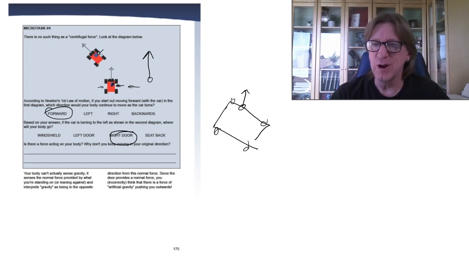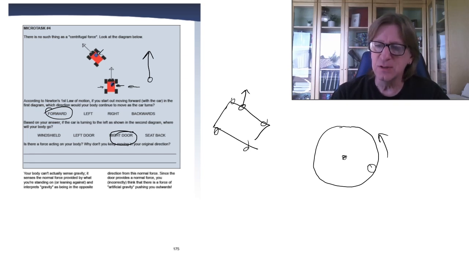If you've ever seen a ride at a fair or something, we've got something that's turning, and let's say it's turning this way. And let's say that you're sitting here, and so you're looking towards the center. As it starts to turn, you want to go, let's do this in red, you want to go this way, or at least your body does because of Newton's first law.